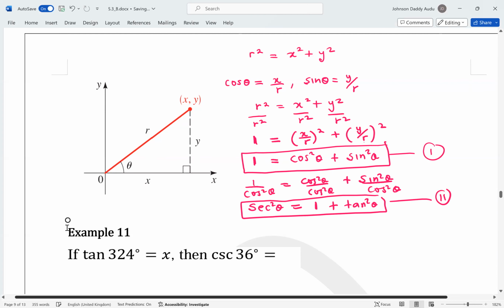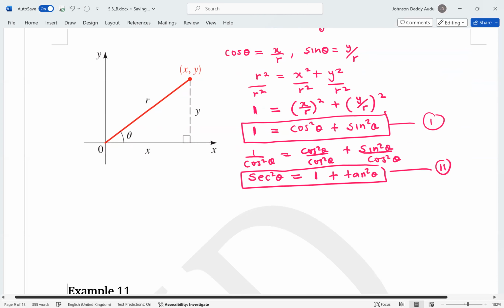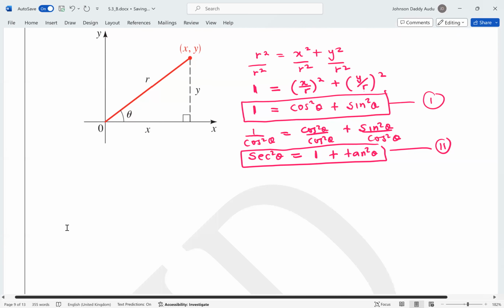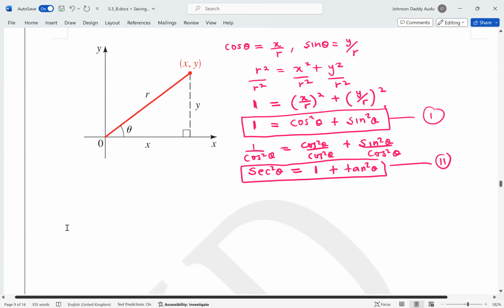Then we can also get the third one. How can we get the third one? Remember here we divided equation 1.